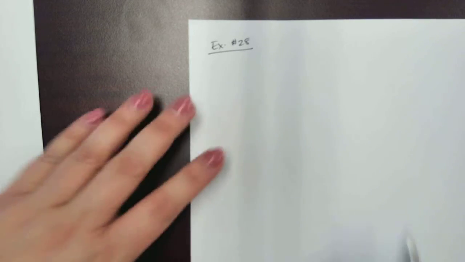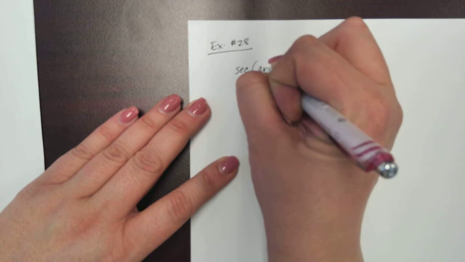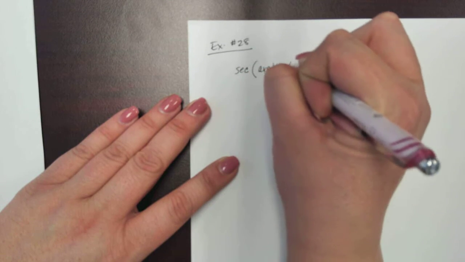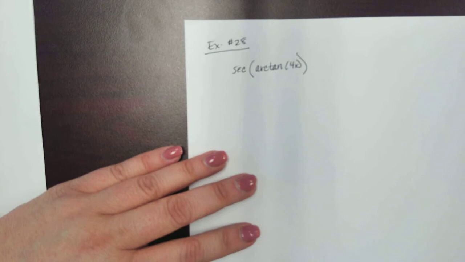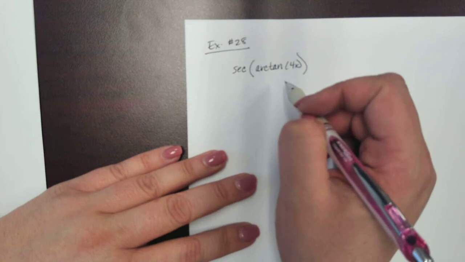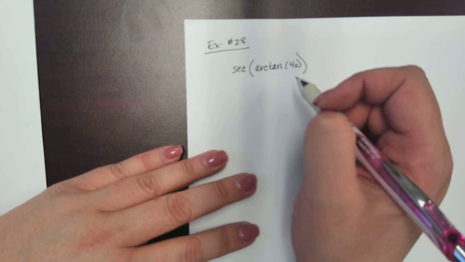Example number 28. Same kind of concept where we have to draw the triangle and take the trig of the triangle. We have secant of arctangent of 4x. I need to draw a triangle. This has variables, which we don't like as much.